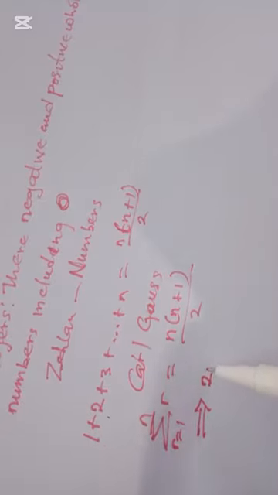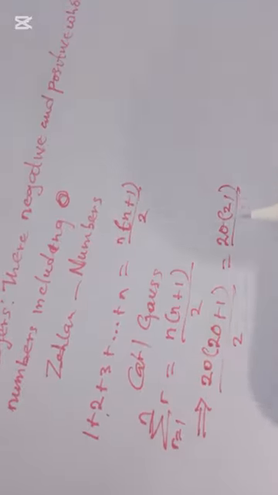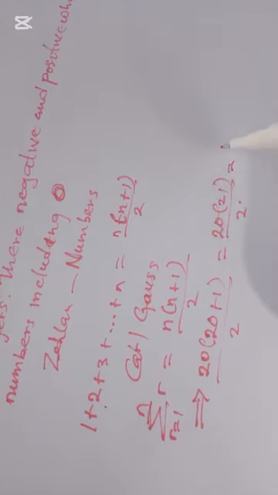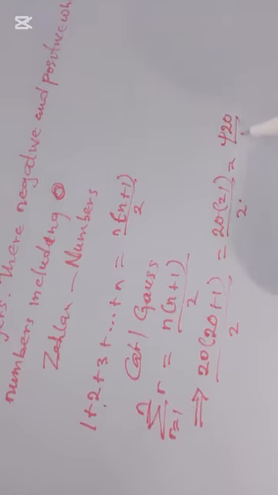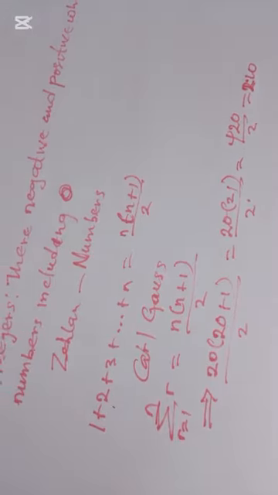Now we're having 20 into 20 plus 1 divided by 2, which equals 20 into 21 divided by 2. And 20 multiplied by 21, I'm going to have 420, divided by 2, which equals 210. So that's the sum of the first 20 integers.